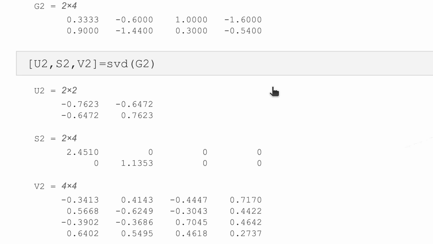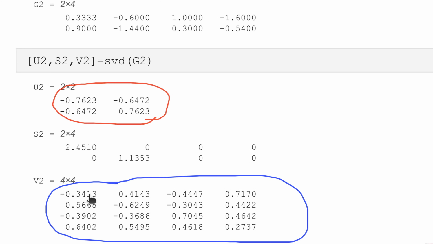So in the example we were discussing, let's say YSVD would be the projection of the two sensor readings onto each of the directions given by the columns of U2, and USVD will be the projection of the input maneuvers in the directions given by each column of the V2 matrix.